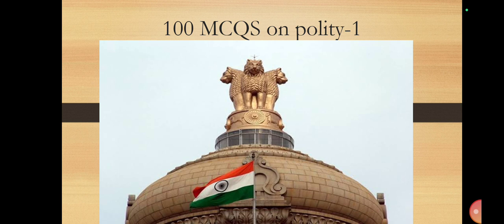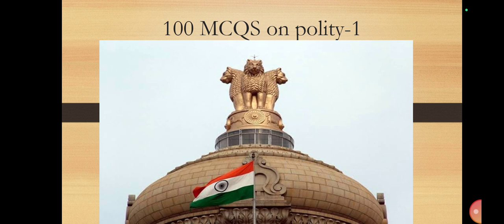Question number 97. Which article empowered the President to constitute a GST Council by an order? Answer: 279A. The 101st Amendment Act of 2016 paved the way for the introduction of the new tax regime, goods and service tax, in the country. The smooth and efficient administration of these taxes requires cooperation and coordination between the state and the center.